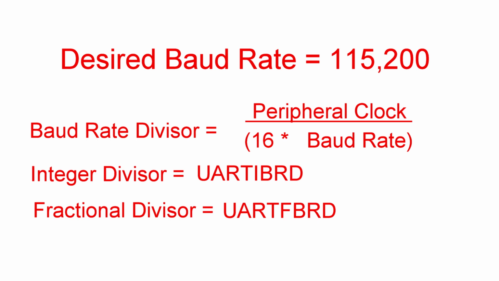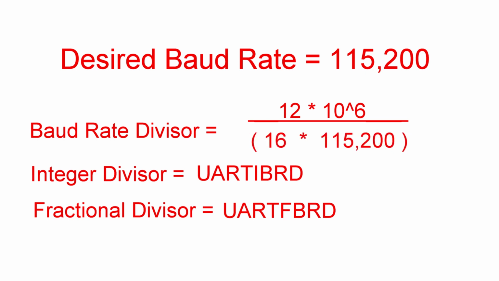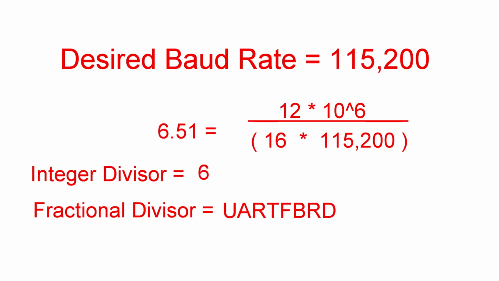Since the crystal oscillator is running at 12 MHz, the baud rate divisor will be 12 MHz divided by 16 times 115,200, or 6.51. The integer part of the divisor is 6, and the fractional part is 0.51 times 64 plus 0.5, which equals 33.